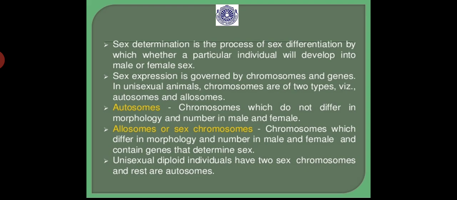They differ in morphology and number in male and female and contain genes that determine the sex. Such chromosomes are called allosomes or sex chromosomes. This we have already discussed in brief under sex-linked inheritance. These unisexual diploid individuals have two sex chromosomes, and the rest of them are autosomes.